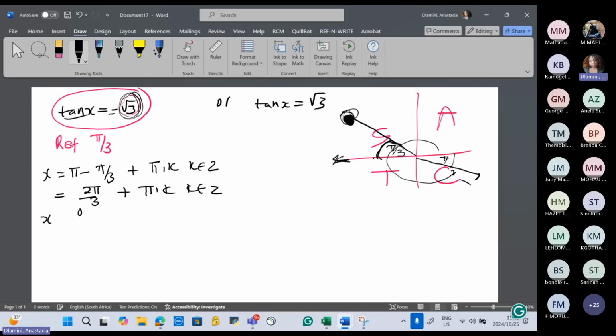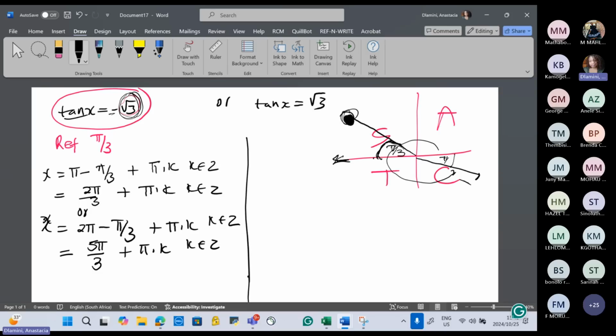So then x is equal to 2π minus π/3 plus π times k, where k is an element of integers. So this is equal to 5π/3 plus π times k, where k is an element of integers.